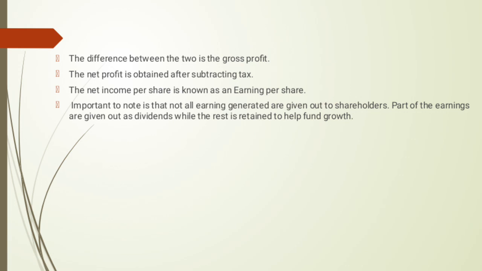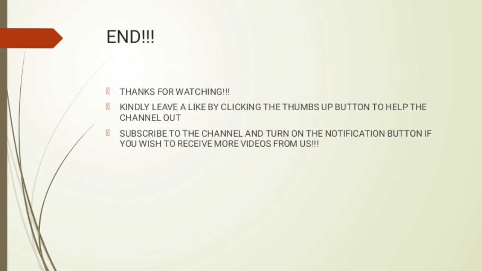If a particular share has an earnings per share of $2 and they are paying out a dividend of $1, it means that the difference, $1, remains in the business to run operations and fund growth.